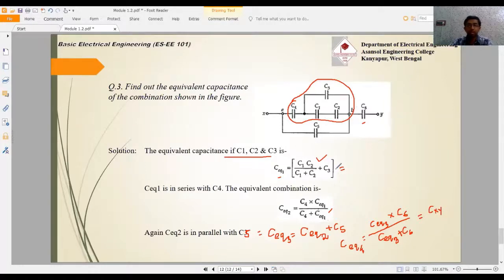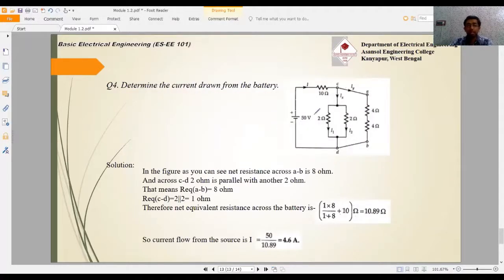Okay, so next let's solve this one, where a 50 volt DC battery is connected with this kind of series parallel combination of resistors. As you can see, this 2 ohm and 2 ohm are in parallel.